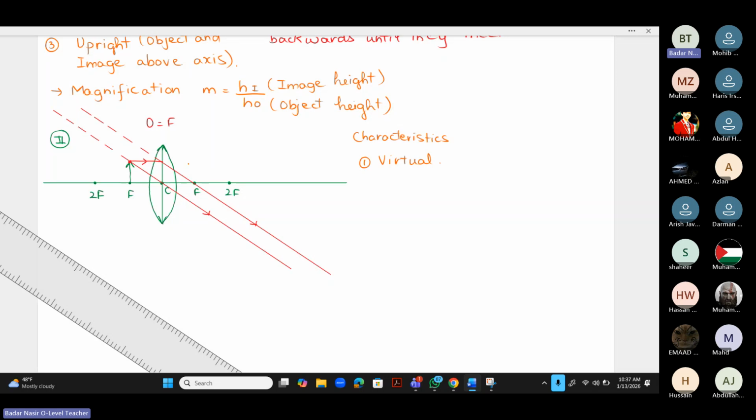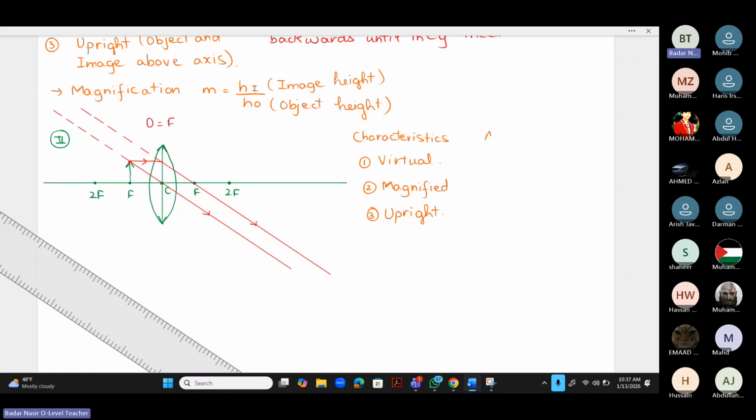Secondly, the image is going to be magnified, because the rays meet backward somewhere at infinity. And the third one is that the image is going to be upright. Its characteristics are exactly the same as the previous one.